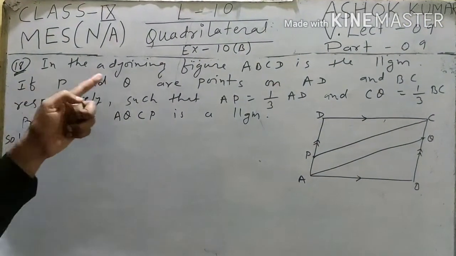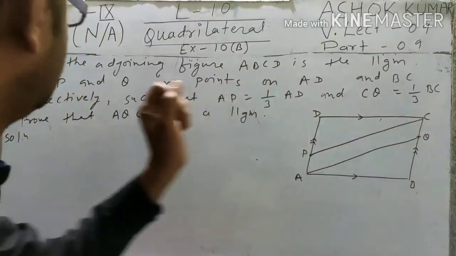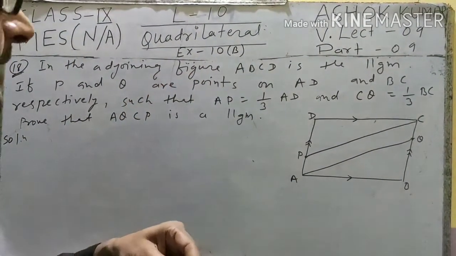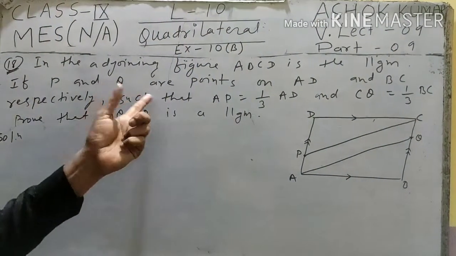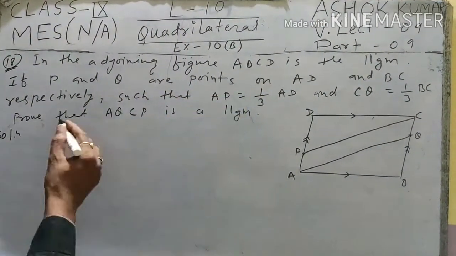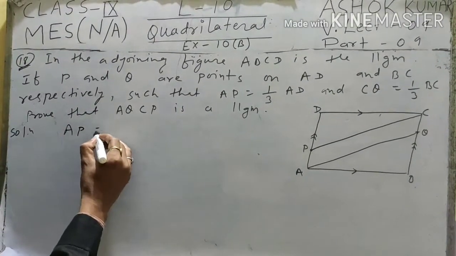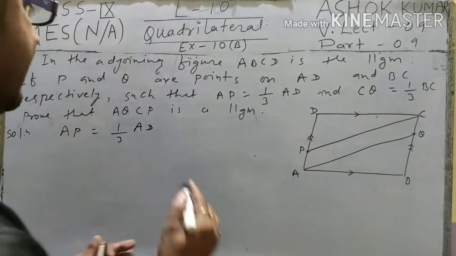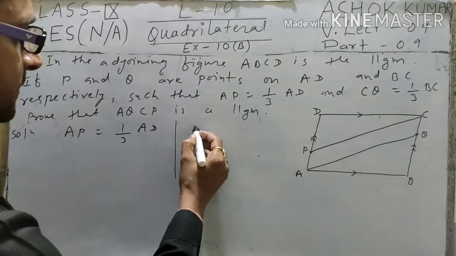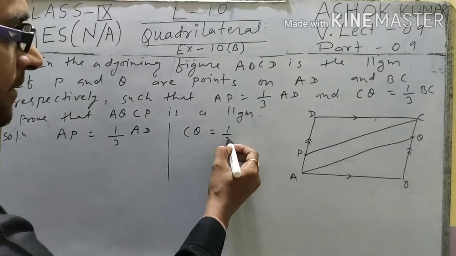If P and Q are the points on AD and BC respectively, such that this is the relation given student, AP is equal to 1 by 3 AD, and the second relation is CQ is equal to 1 by 3 BC.